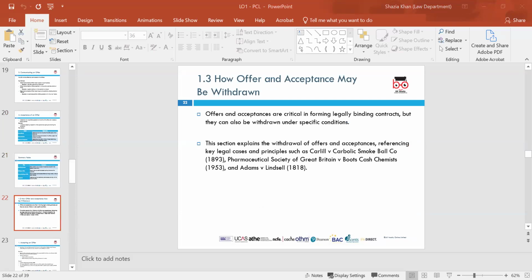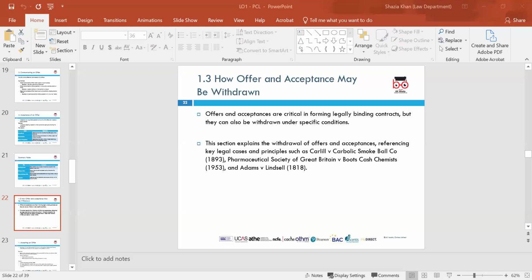So we're looking at now 1.3, how offer and acceptance may be withdrawn. So an offer can be withdrawn or revoked at any time before the offeree, which is the person receiving the offer, communicates their acceptance, meaning the offerer can take back the offer as long as the party hasn't formally agreed to it.